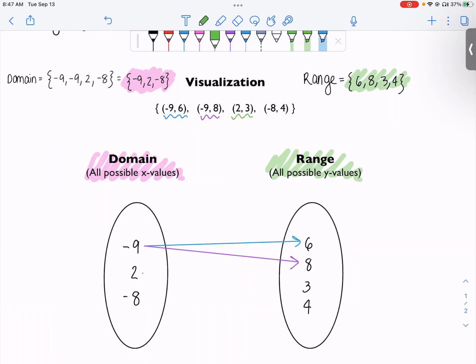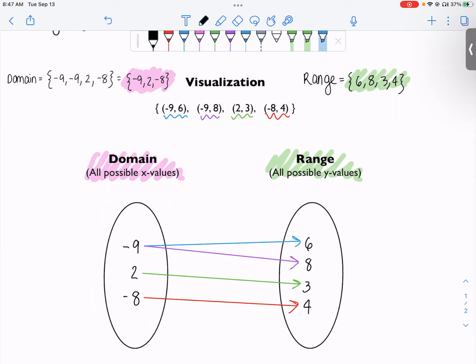With 2 comma 3, 2 in the domain gets mapped to 3 in the range. With -8, 4, -8 is mapped to 4. So every value in the domain is mapped to a value in the range.